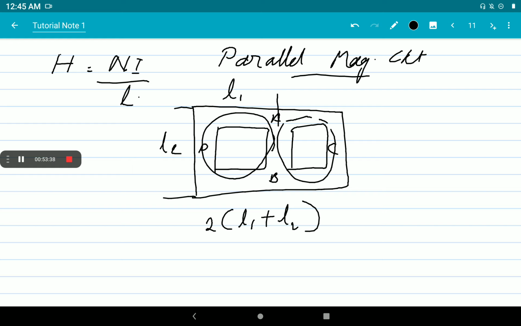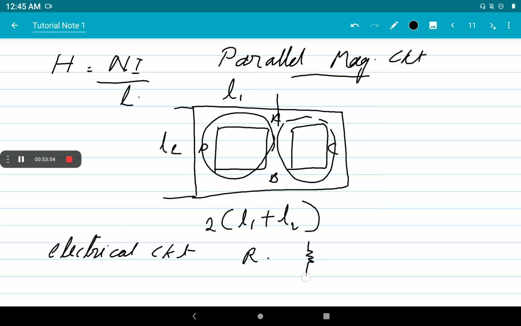It is equivalent to the resistance in a parallel circuit. In an electrical circuit, what is the resistance of two parallel resistors?